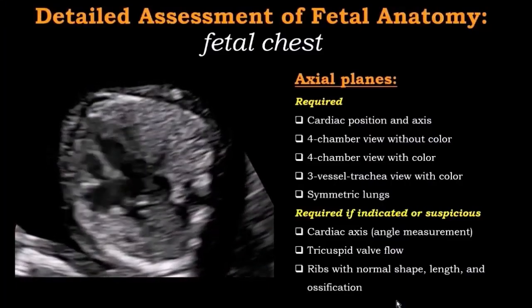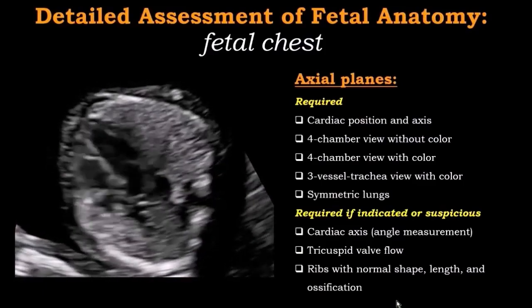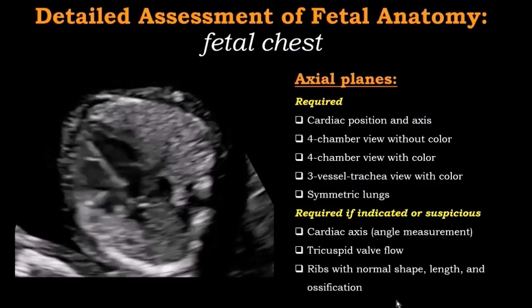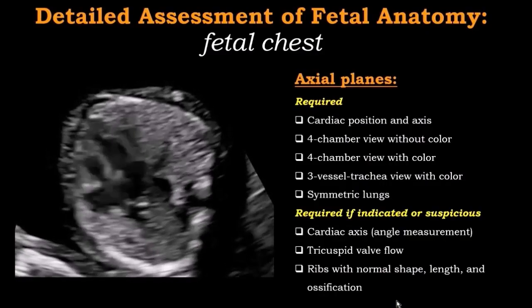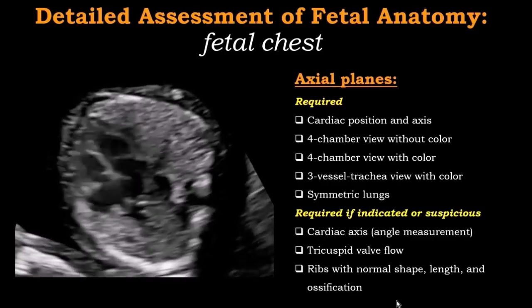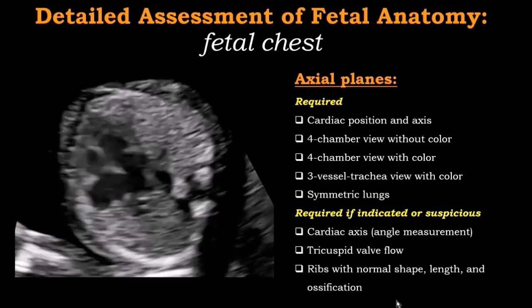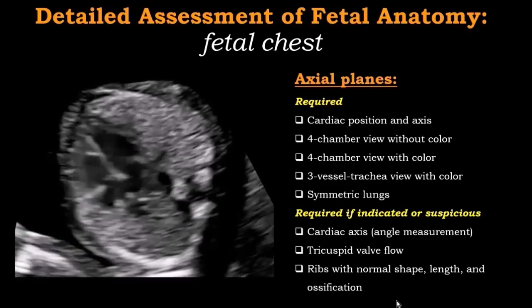So let's take a look at the details of what the detailed assessment of the fetal anatomy suggests, in particular the structures within the chest. The fetal chest needs to be assessed according to the AIUM guideline by looking at the axial planes.